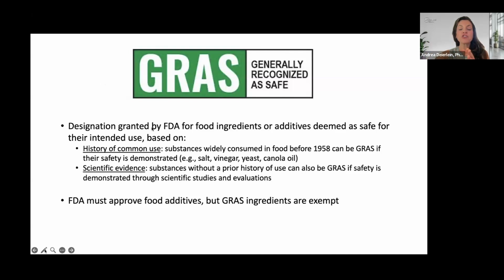The initial intention was that this would cover food ingredients with a history of common use, substances that were widely consumed in food before 1958, where their safety had been demonstrated, such as salt, vinegar, yeast, and canola oil, as well as substances without this prior history, but that had been demonstrated as safe through scientific studies and evaluations. So although the FDA must approve new food ingredients, any ingredients that can be designated as GRAS are exempt from this process.